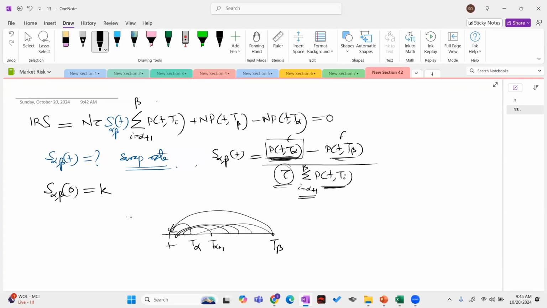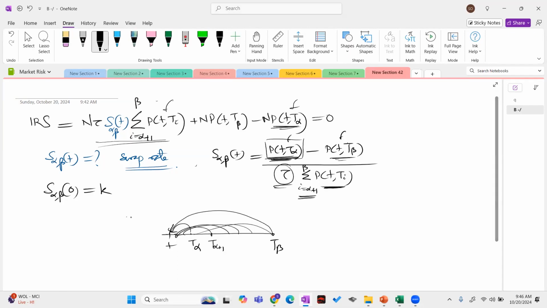Correct, because it is coming from this expression where you are discounting the fixed cash flows. Fixed cash flows start from the next period, not from T alpha. But this T alpha is coming because we discounted the floater to par, but it goes to the previous reset date even before the first cash flow. That's why this one is separate.